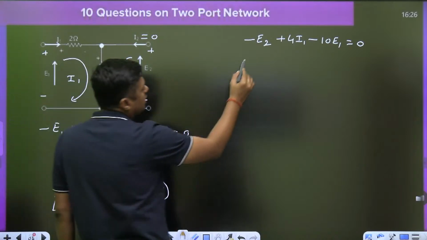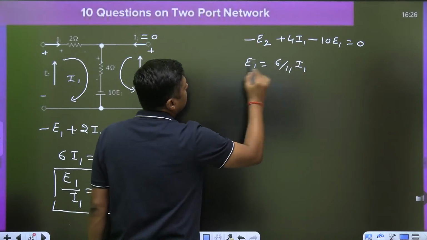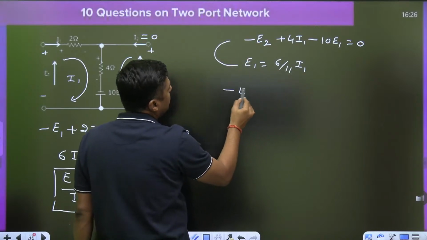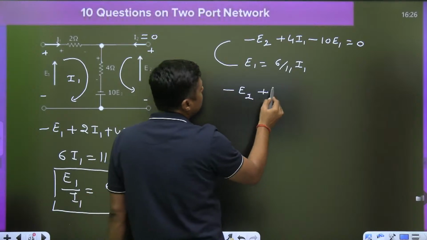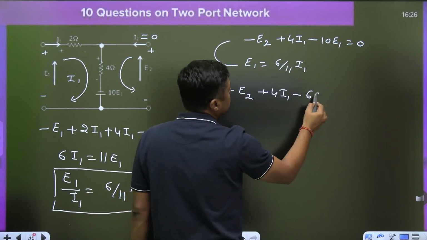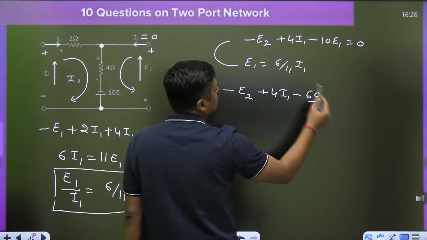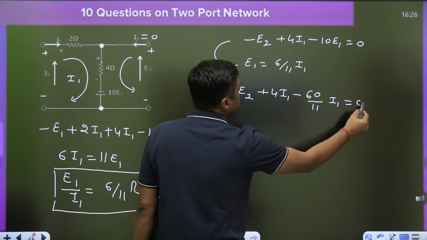So from the first equation, E1 is equal to 6 by 11 times I1. Put here, it will become minus E2 plus 4 I1 minus 6 into 10, 60 by 11 times I1 is equal to 0.